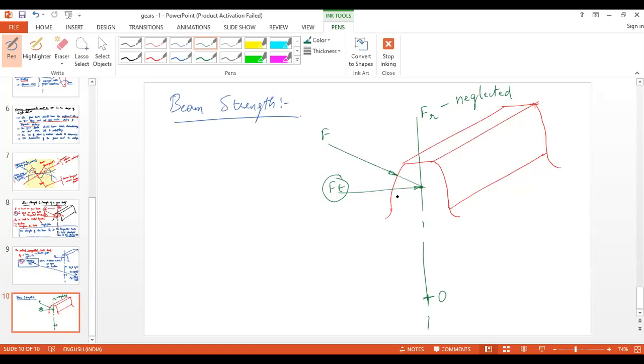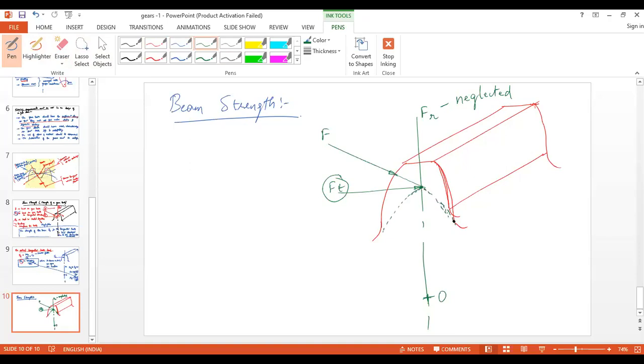Now, the critical section, or the section of maximum bending stress, will be obtained by drawing a parabola.